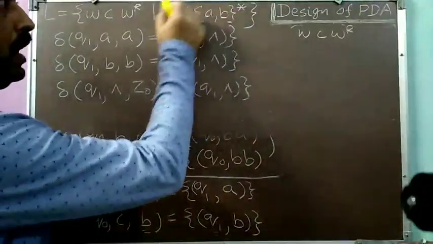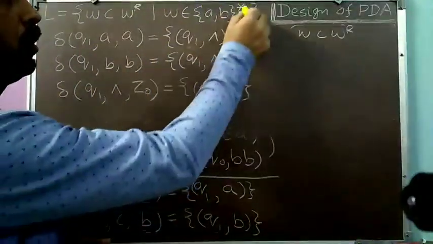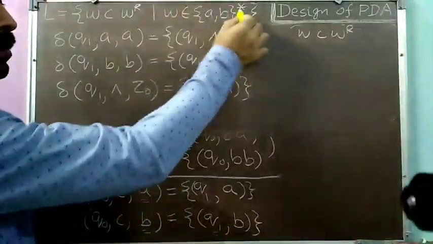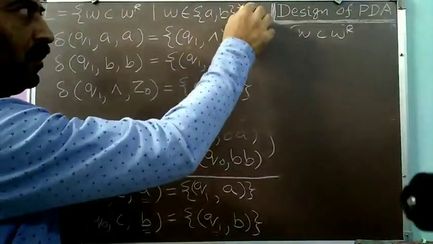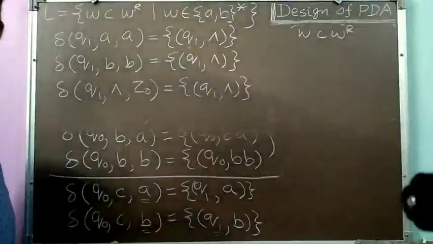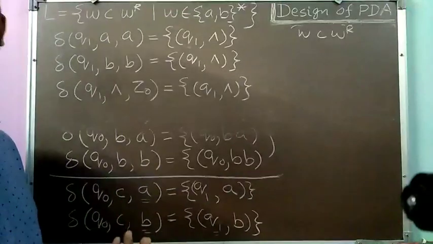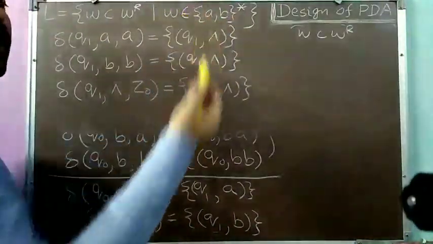If you carefully look at the definition of the language, W belongs to {A, B}*. So W is a string of A's and B's, but if for this asterisk we take the power 0, W can be empty as well. It may not contain any symbol from this alphabet, that is A and B.